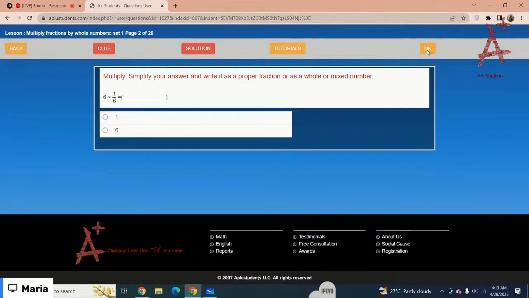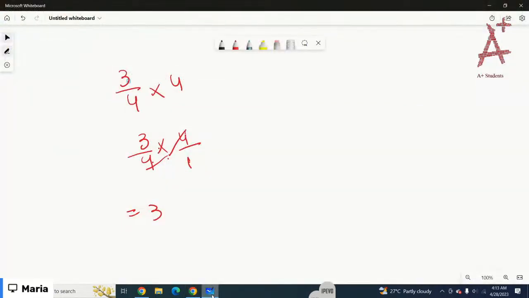Okay, the next one is 6 times 1 over 6. So here you can cancel out the 6 and you are left with just 1. You can cancel them out because they are in the numerator and denominator.